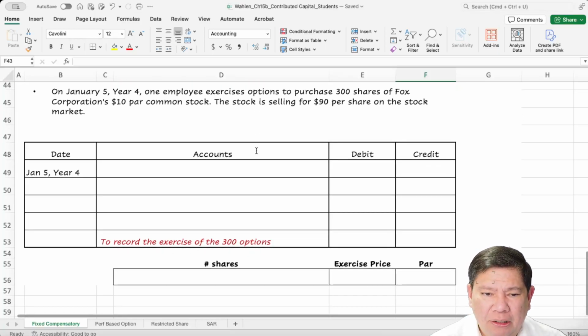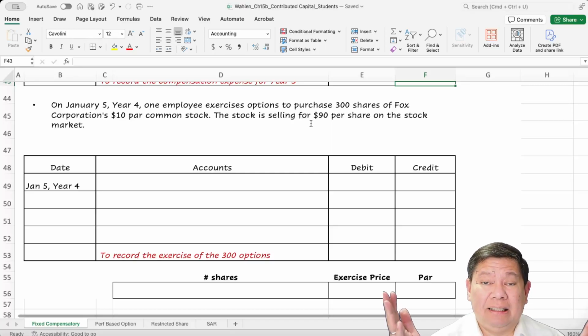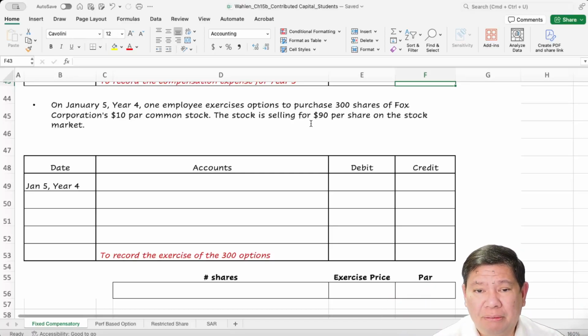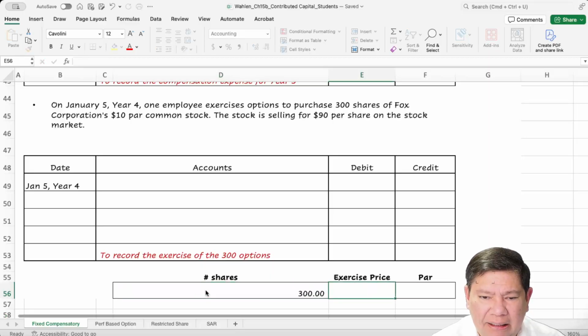So on January 5, year 4, one employee exercises options to purchase 300 shares of the company's $10 common stock. The stock is selling at $90. So they can buy it for $50, exercise the option, and sell it in the market for $90 for one share. So 300 shares, exercise price is 50, and par value is 10.